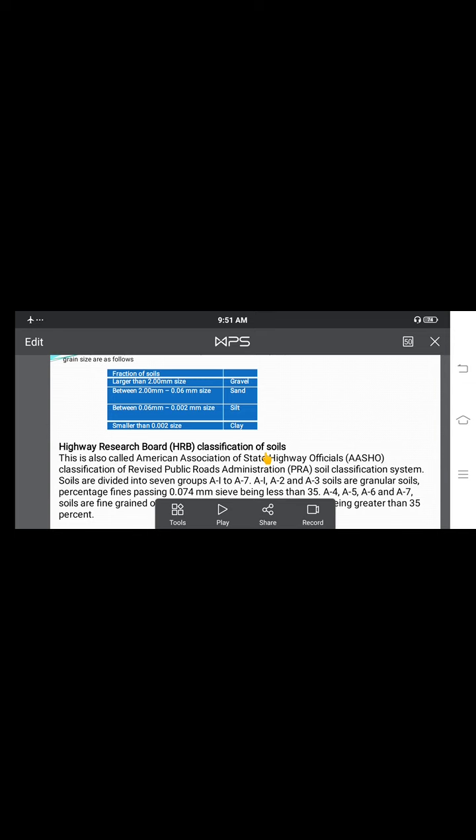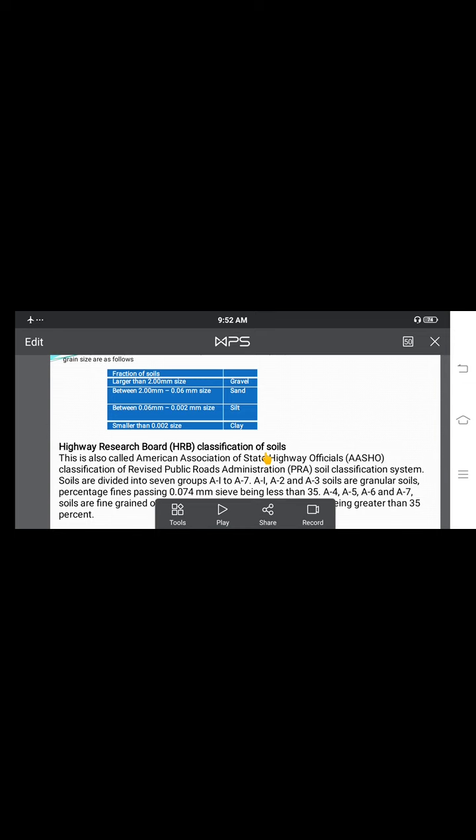Based on the grain sizes, we have different types of soils. The soil fraction larger than 2 mm size is called gravel. Between 2 mm and 0.06 mm it is sand. Between 0.06 mm and 0.002 mm it is silt, and less than 0.002 mm it is clay.